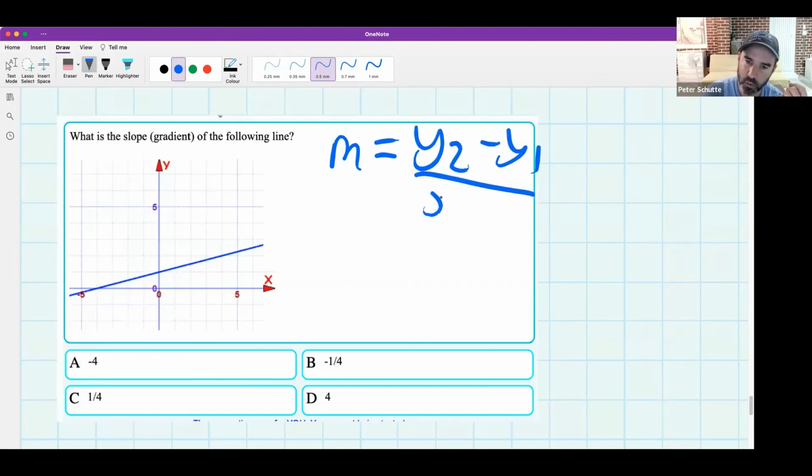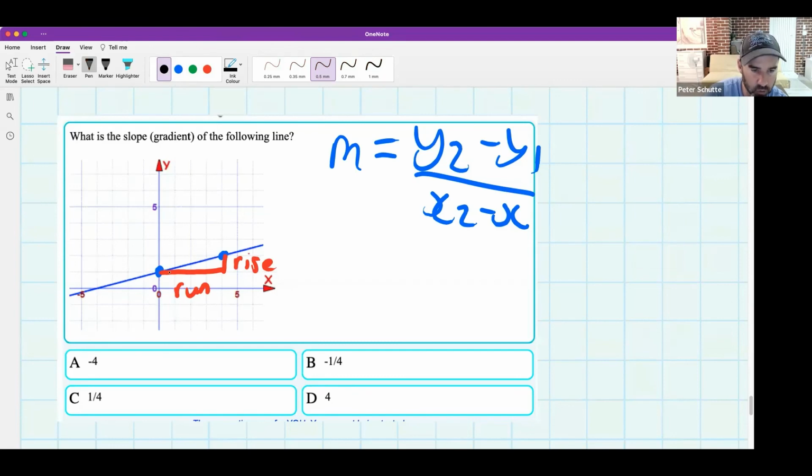Now, when I say the rise over the run, all we're talking about is, let's talk about this point and this point, because you always need to focus on two points to do something. We call this bit where we go across the run, and the bit where we go up here is called the rise.